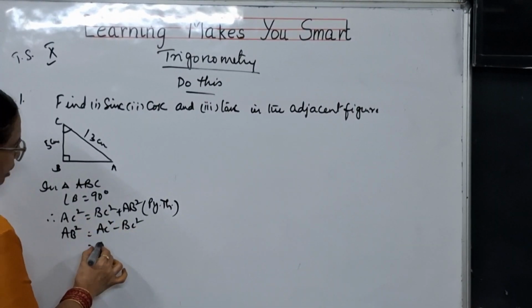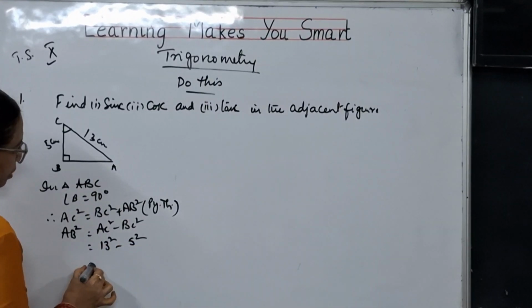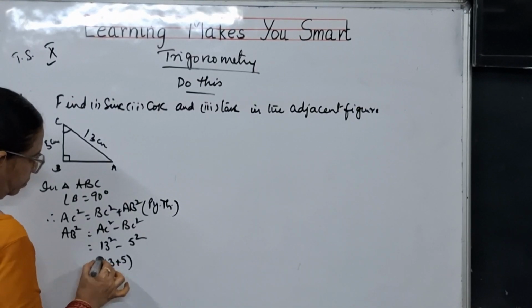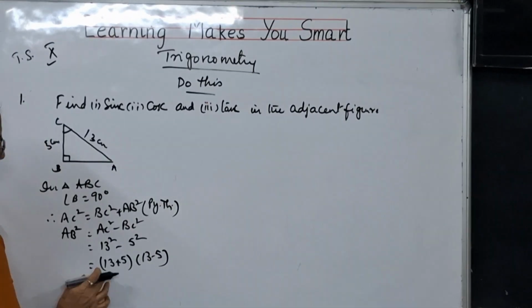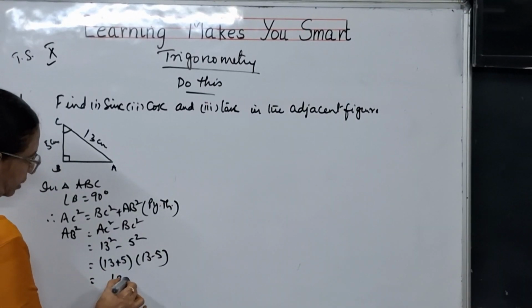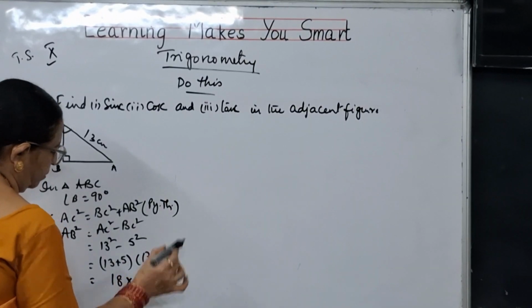What is AC square? 13 square minus BC square 5 square. A square minus B square can be written as A plus B into A minus B, that is 13 plus 5 into 13 minus 5. 13 plus 5 is 18 into 13 minus 5 is 8.